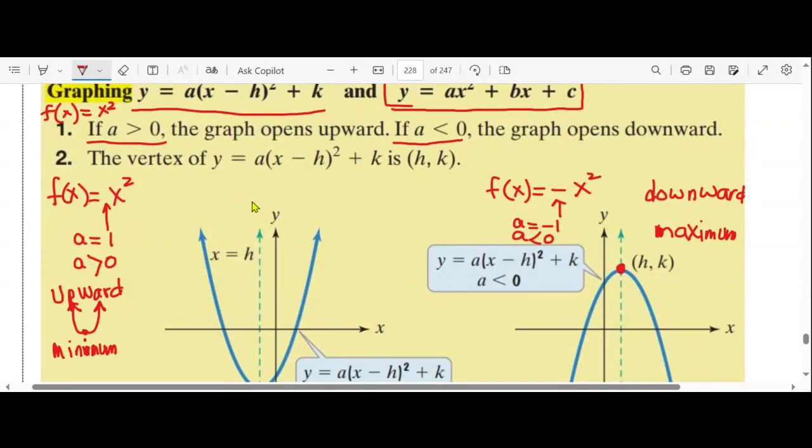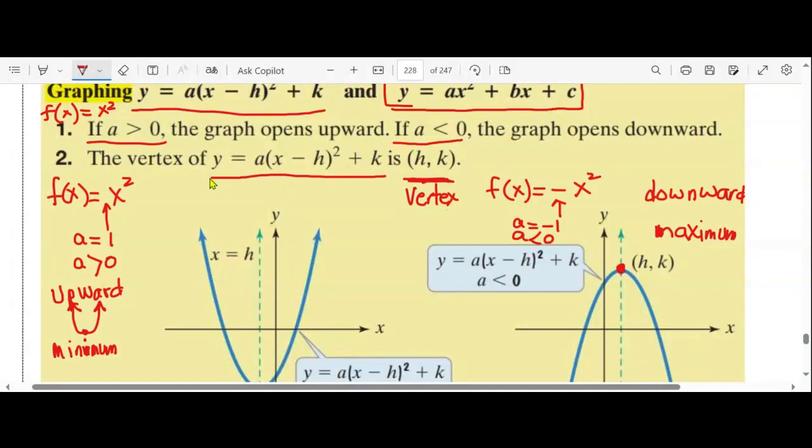Now we can graph the parabola using two techniques. Either we apply this formula, the vertex of this is what? h and k. This point is considered the vertex.